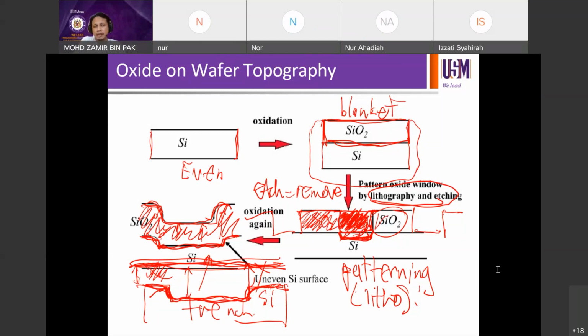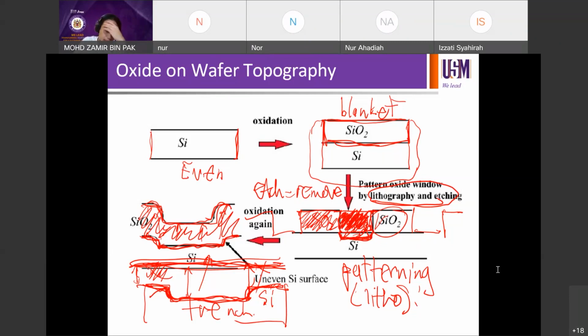So that is the case when you have a uniform growth rate. But this time we get a flat surface. Flat means something is wrong somewhere and it's not uniform, because if it's flat, that means the growth rate in the central part, the trench part, is higher. The growth rate is higher in the trench part compared to the sides, left and right, because your oxide thickness in the central part is thicker, but your oxide thickness on the left and right sides is thinner.